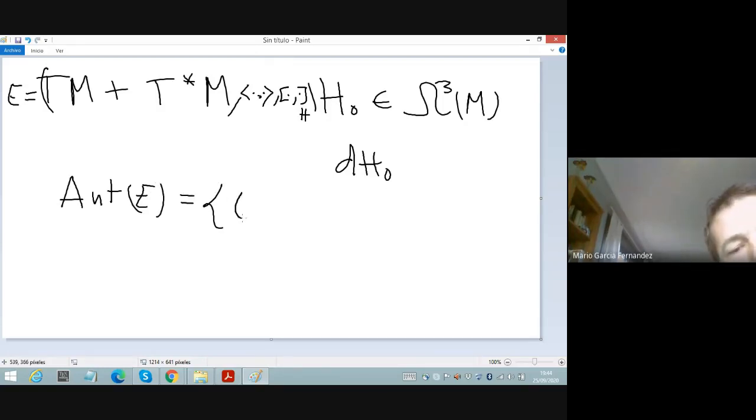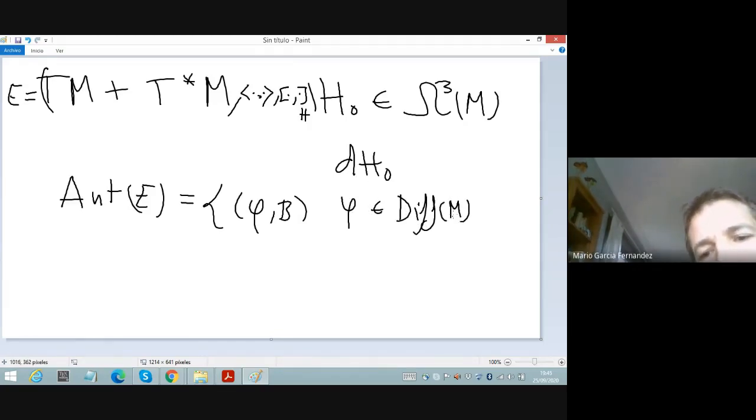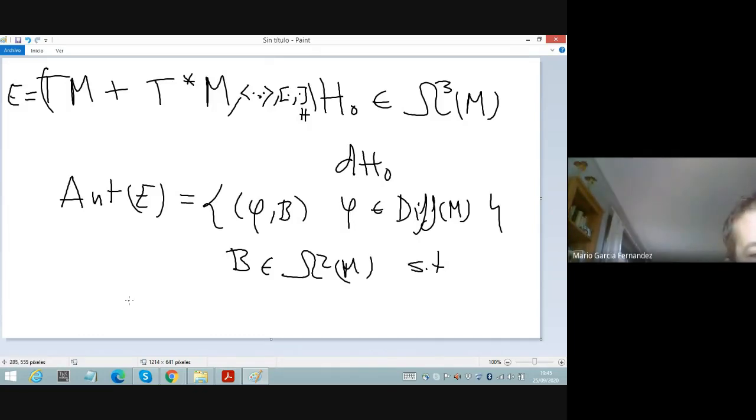These are given by pairs phi, B, where phi is a diffeomorphism of the manifold and B is a two-form on the manifold. And then I have this equation: phi star of H0 minus H0 equals dB.